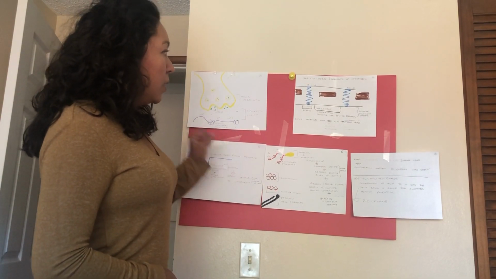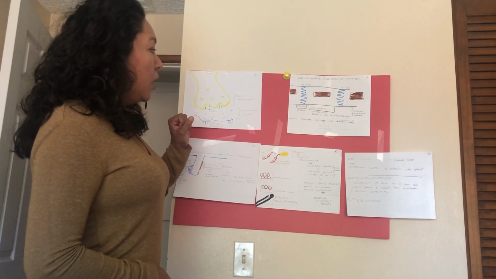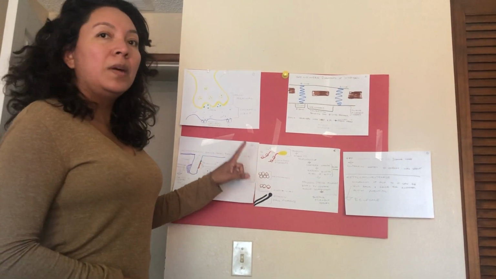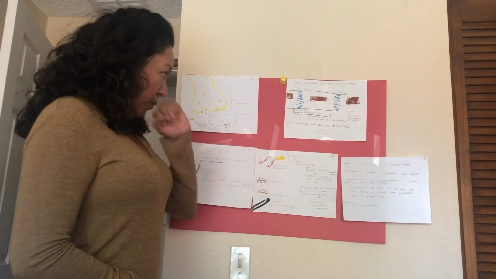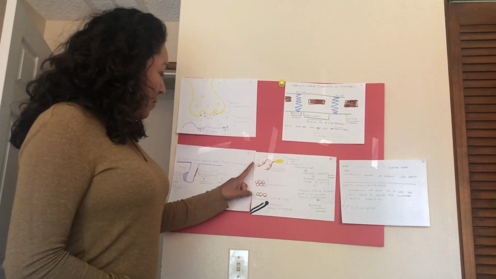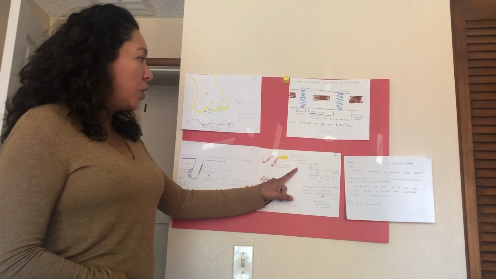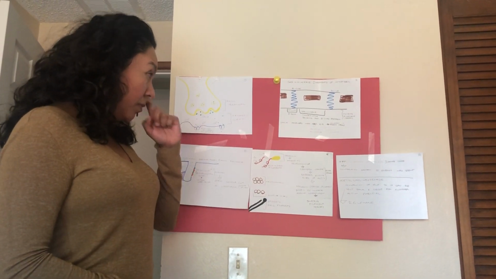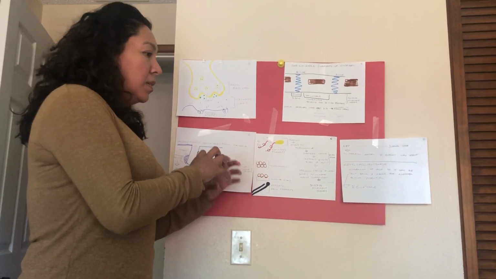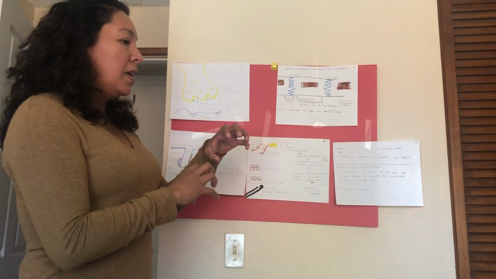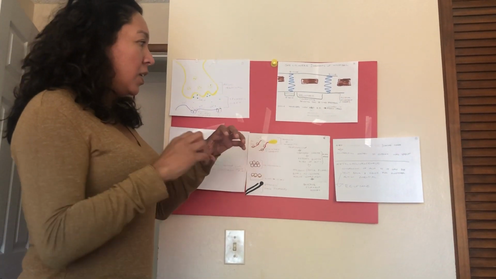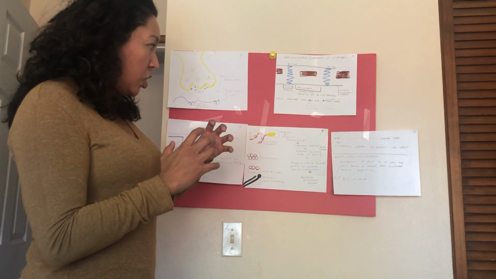So, as I was saying, the calcium molecules bind to the troponin, which is in turn attached to the tropomyosin. And when the calcium attaches to the troponin, it causes the tropomyosin to shift.